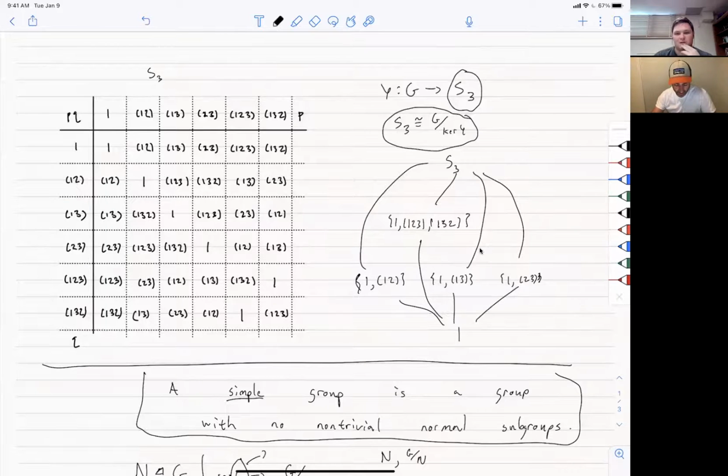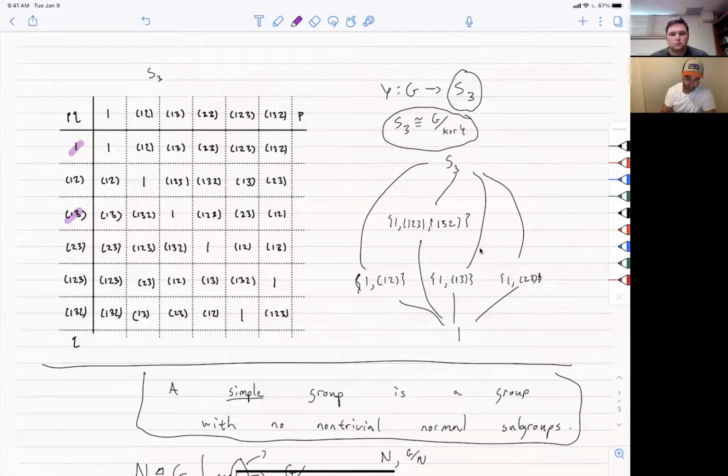If you want, you can say something about left cosets in general. I think I said it in class, but this is more to Matt, who had asked a question about it. I'm just going to draw a picture here. If you look at a subgroup of S3, like 1, 3, this is a nice subgroup, and you can find the left cosets by multiplying this and seeing where it goes.